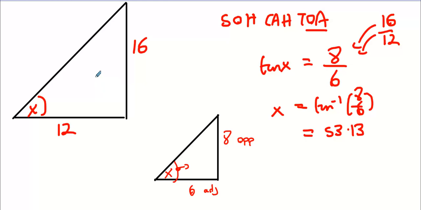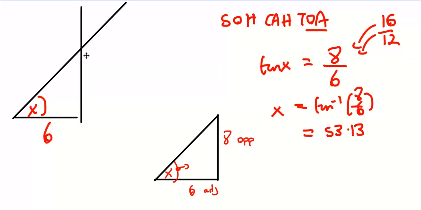Next thing I'm going to do, if you're looking, I'm not going to double the size of both sides. I'm just going to double one of them. Ready? Everybody see the 6? The 6 stays the same. But what I'm going to do is double the 8 all the way up to 16.